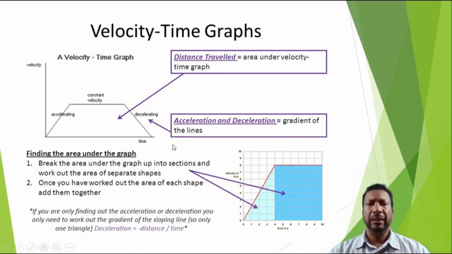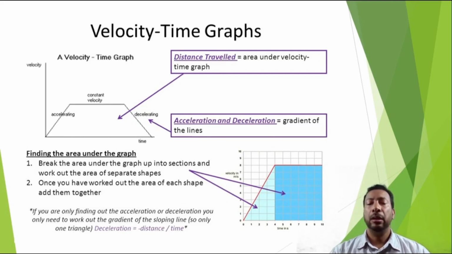So you might be asking, but how is it that the area under a velocity time graph gives you the distance traveled? Well, let's take a look at the units. If we have velocity, which is measured in meters per second, and you have time, which is measured in seconds, when you are finding the area, you will end up multiplying the velocity and the time. The units would be meters per second multiplied times second.